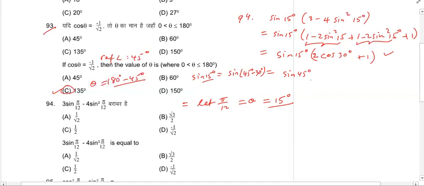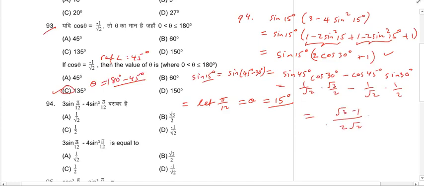Sine 45 cos 30 minus cos 45 sine 30. Sine 45 is 1 over root 2, cos 30 is root 3 over 2, cos 45 is 1 over root 2, sine 30 is half. So you get root 3 minus 1 over 2 root 2, and that's what sine 15 is.